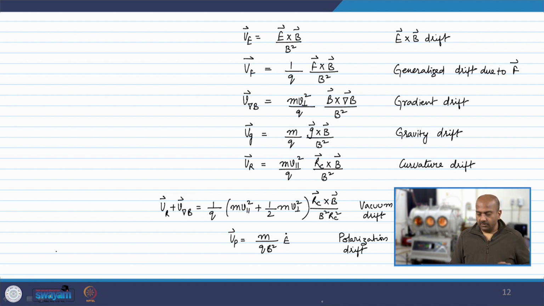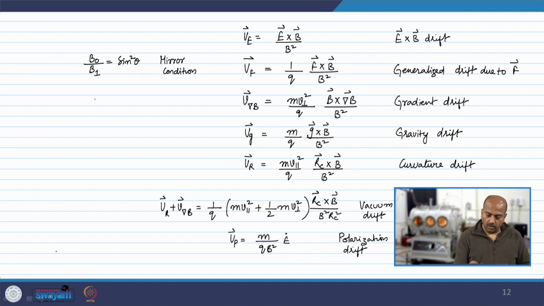And in addition to all these drifts, we have also seen something called as magnetic mirroring, which is represented by this mirror condition, which is B naught by B1. B naught is the weak field and B1 is the strongest point into the gradient is sine square theta. This condition is known as the mirror condition. So, this tells you when the mirroring will happen.